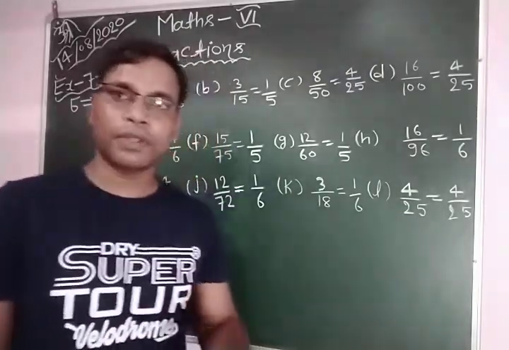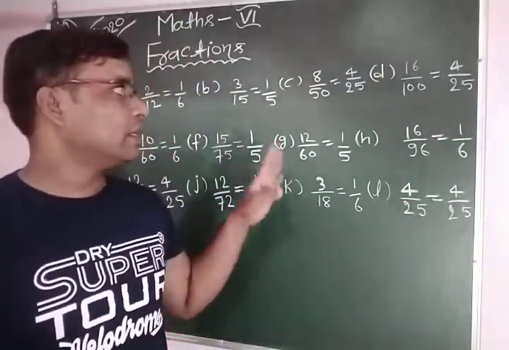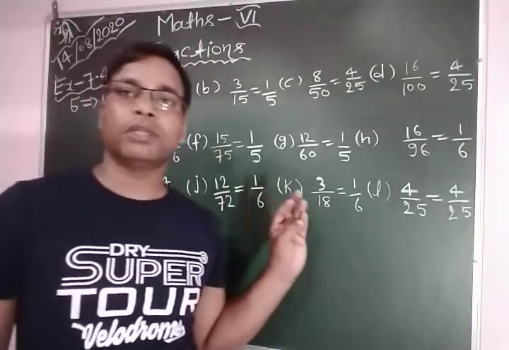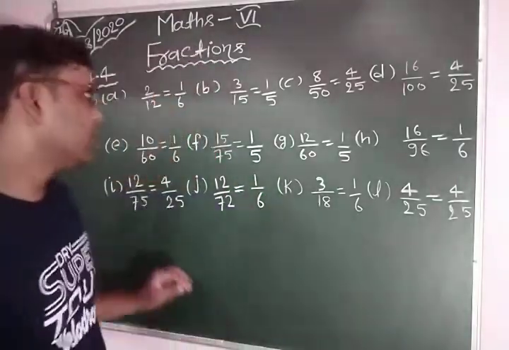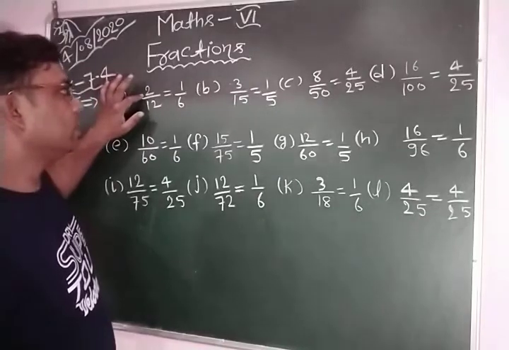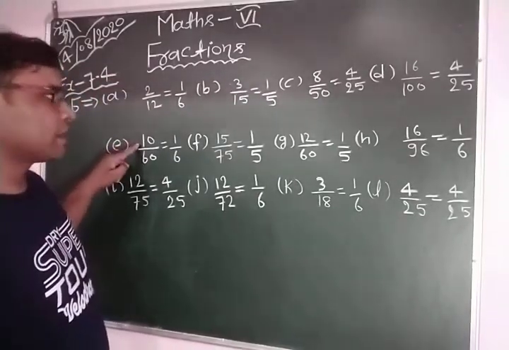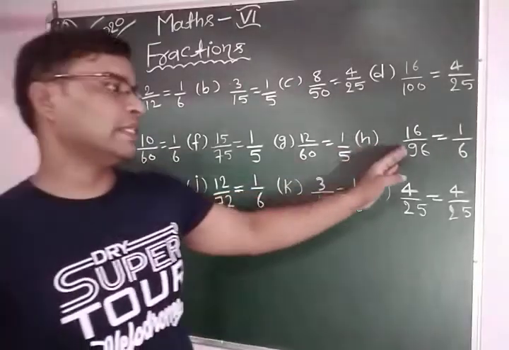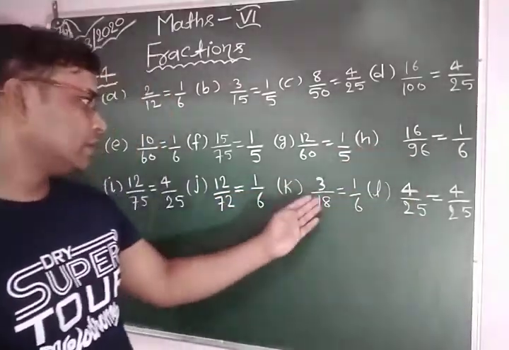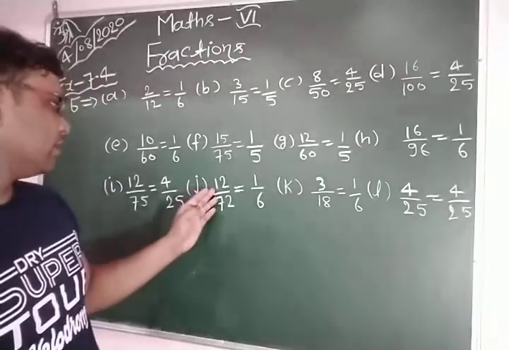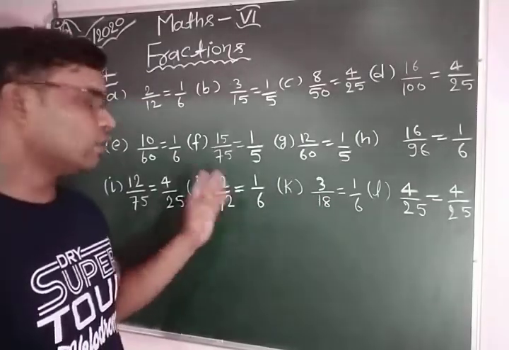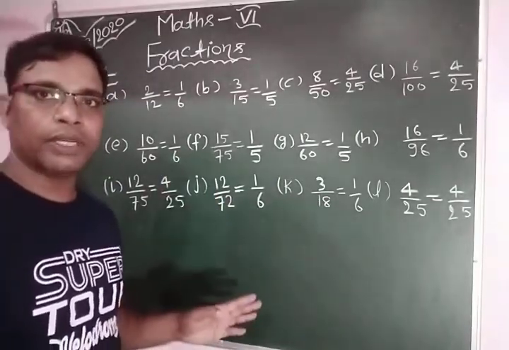So here you can see three groups have these fractions: 1 by 6, 4 by 25 and 1 by 5. Okay, so here 2 by 12 and 10 by 60, 16 by 96, 3 by 18, 12 by 72 and 1 by 6 are equivalent fractions.